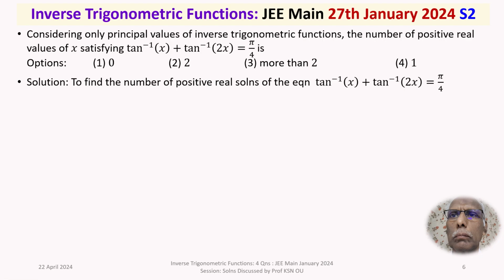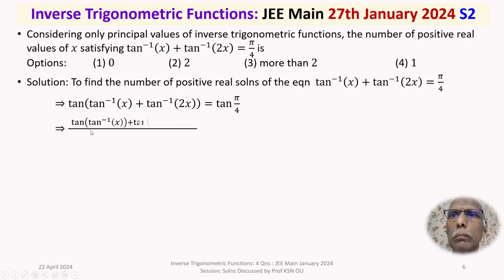Right. So take the tan on both sides and write the formulae. We apply tan on both sides, and apply the tan of a plus b formula on the left hand side. Then you will get tan of tan inverse x plus tan of tan inverse 2x by 1 minus tan of tan inverse x multiplied by tan of tan inverse 2x is equal to 1.